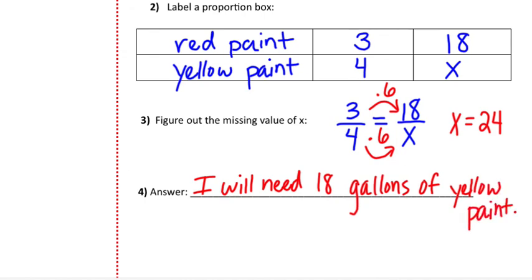Oops, and it's not 18, it's 24. Good thing I looked back at my answer. Okay, so I will need 24 gallons of yellow paint. Again, I know it's yellow because x is here, and that's the label that I'm using to find x.